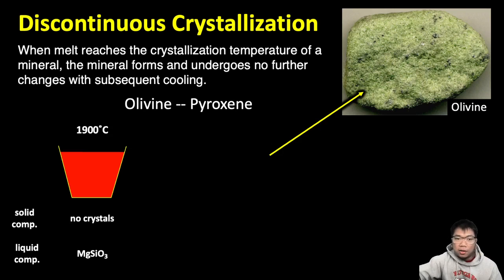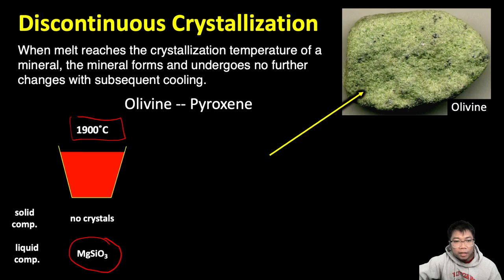The next crystallization process is called discontinuous crystallization, which is the right arm of the Bowen's reaction series that we already saw earlier. This happens when melt reaches the crystallization temperature of a mineral, and then the mineral forms and undergoes no further changes with subsequent cooling. So, for example, here I have magma at 1900 degrees Celsius, and this is the main composition, magnesium silicate.